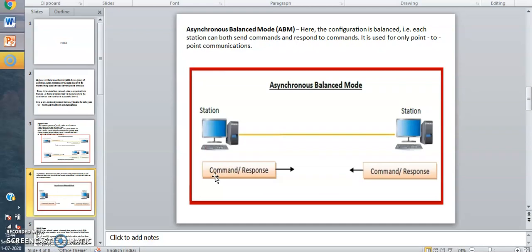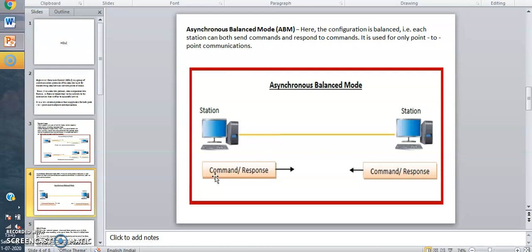Next comes asynchronous balanced mode, that is ABM. This is the second transfer mode for HDLC. Here the configuration is balanced, that is, each station can send both commands and respond to the commands.